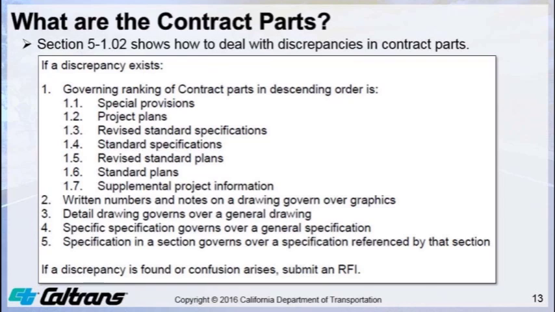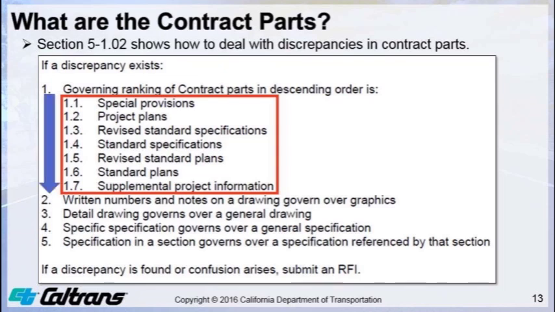What are the contract parts? We need to understand how the parts fit together. Section 5-02 of the standard specifications shows the contract parts. The relative ranking of contract parts in descending order is shown from 1.1 through 1.7 under Item 1.